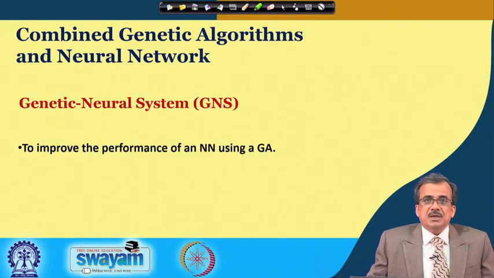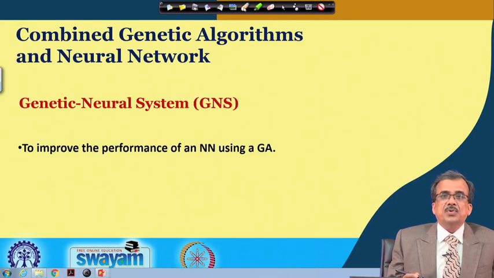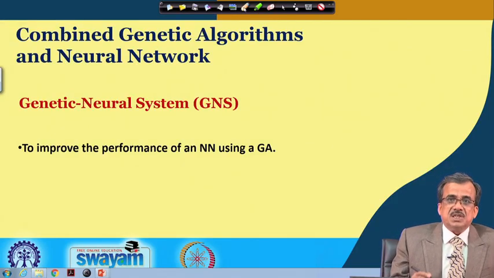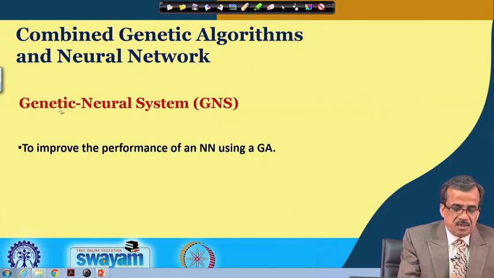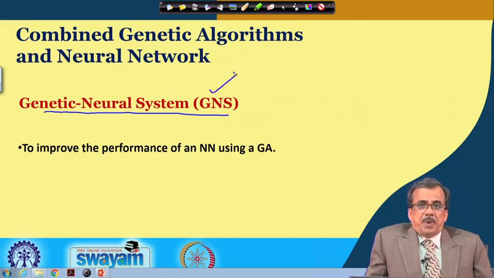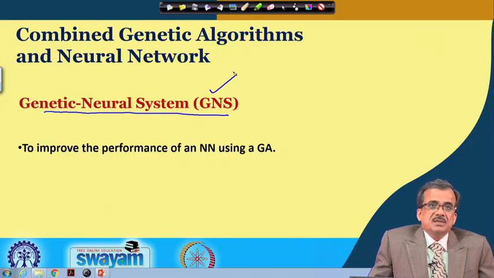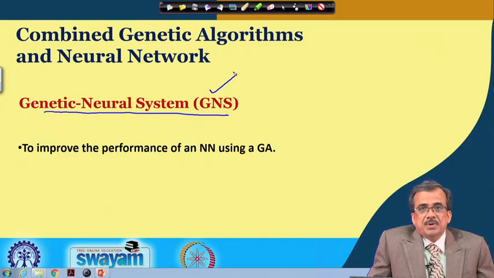Now, the combined genetic algorithm and neural network is very popularly known as the genetic neural system, and in short this is nothing but the GNS. Now, the purpose of developing this genetic neural system is to optimize the performance of a neural network with the help of a genetic algorithm.